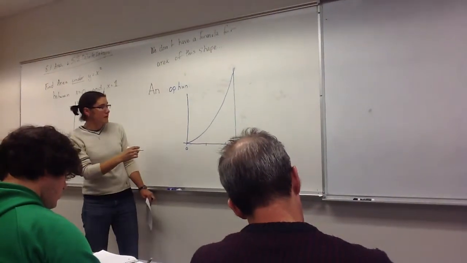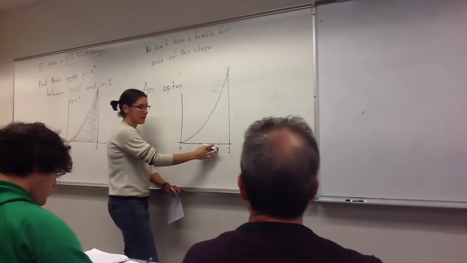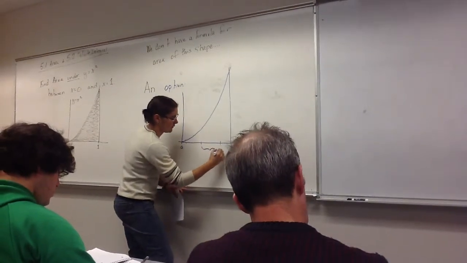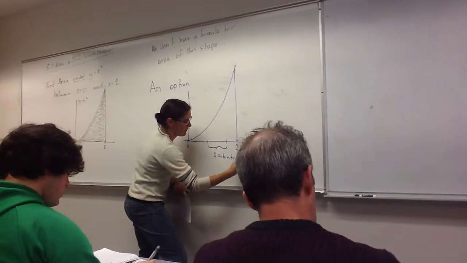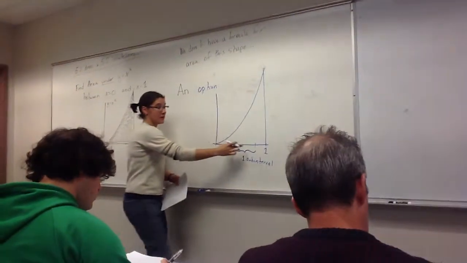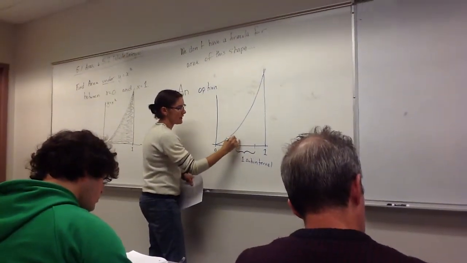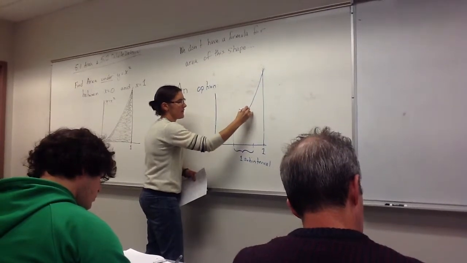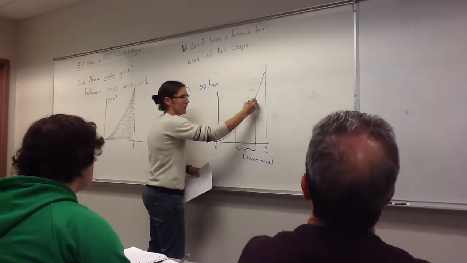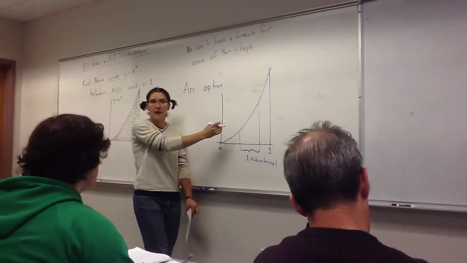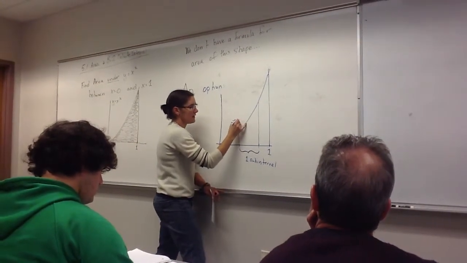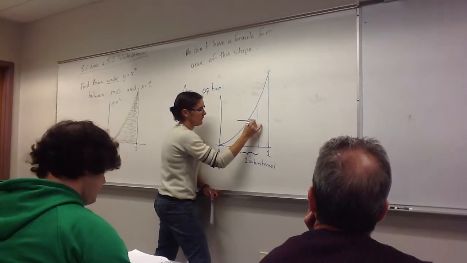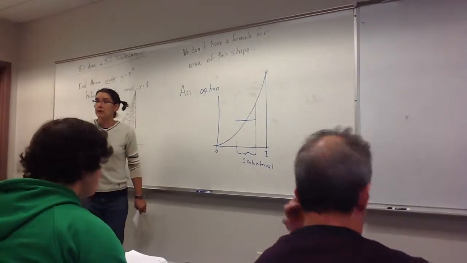And so over this one interval that I'm looking at, instead of looking at the top of my function as something that is changing from the left over to the right-hand side of this curve, I'm going to pretend that this curve is flat. There it is. Flat all the way across.